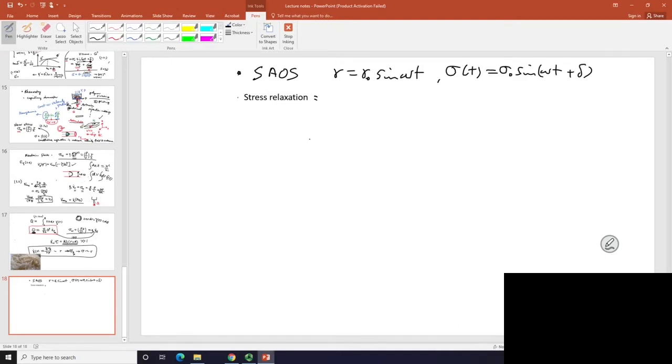Another important mode to investigate the rheology or mechanical behavior of your material is stress relaxation. Of course, this just means something fairly straightforward. If you have a strain, let's just take the case of shear, this strain is nothing but x divided by h, right?